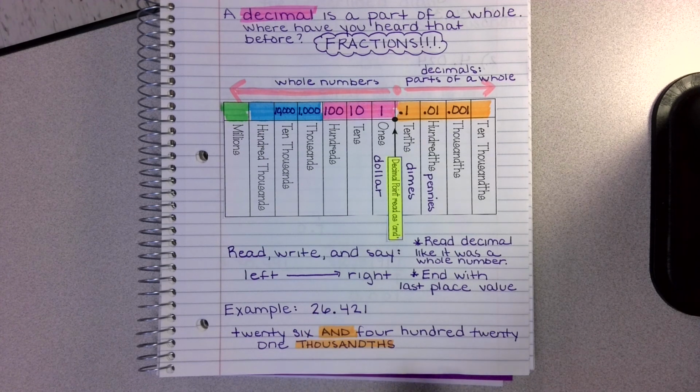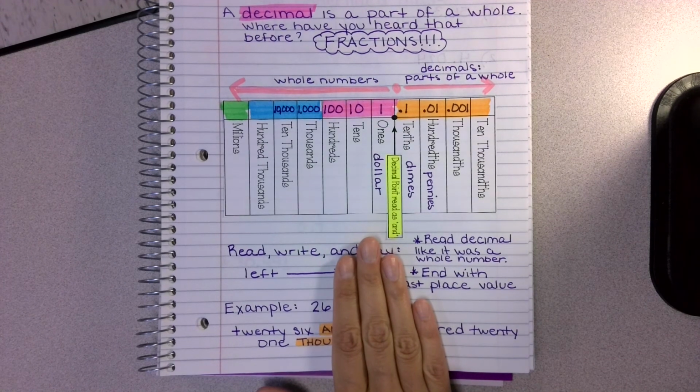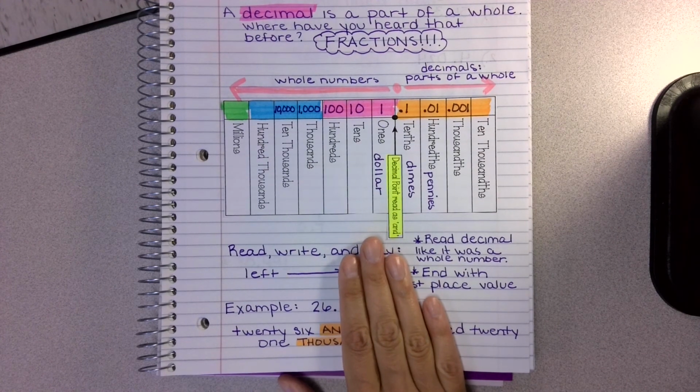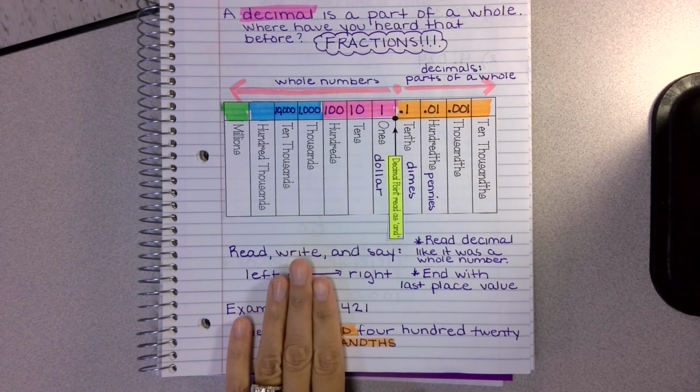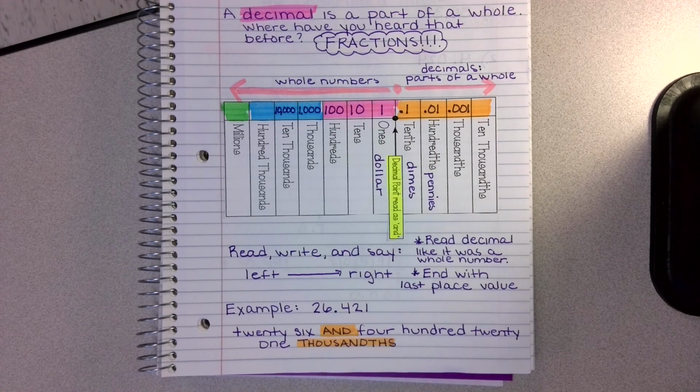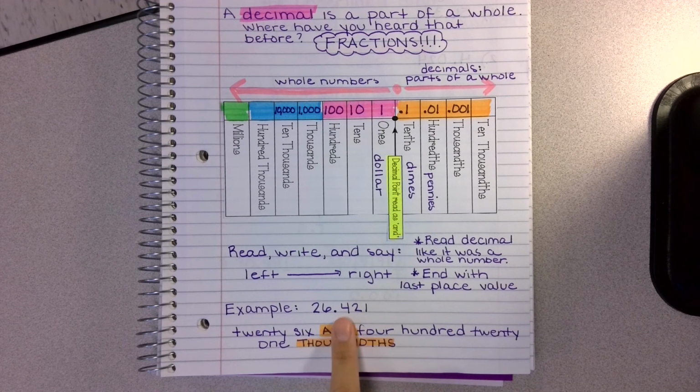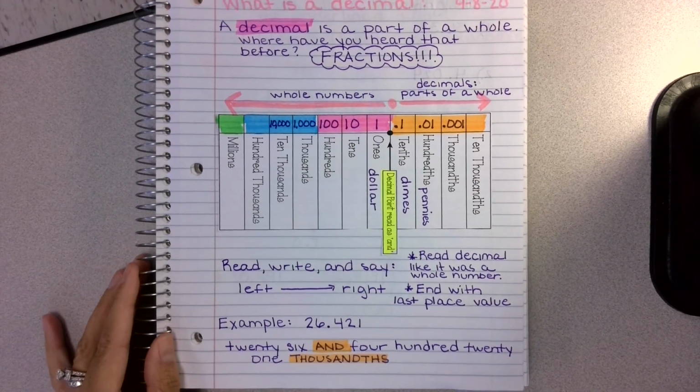So 26 and 421 thousandths, because that 1 is in the thousandths place. You really have to know your decimal places because you're saying them at the end of your number. This is your example. These are your notes for today.